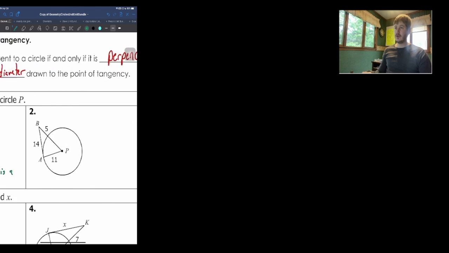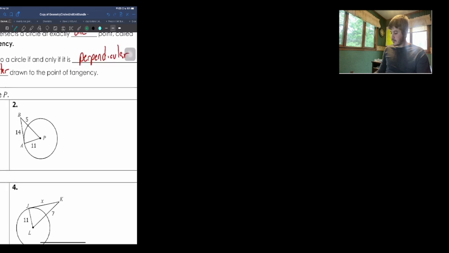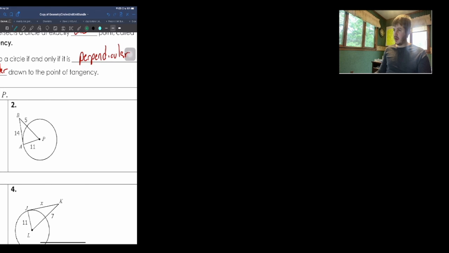All right, we're going to do the same thing with number 2. Same idea, we just have different numbers now. We have 11, 5, and 14. There is one slight problem with this one, though, and it's that 5.